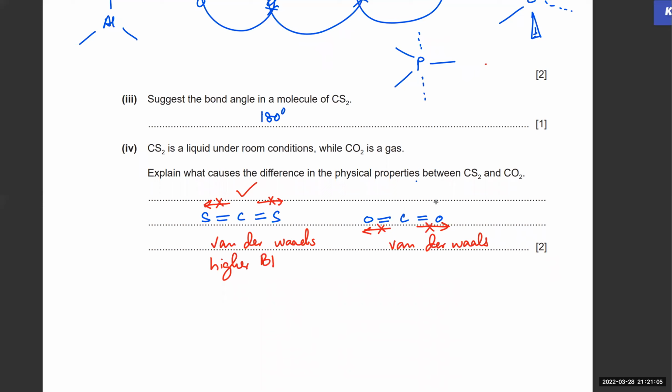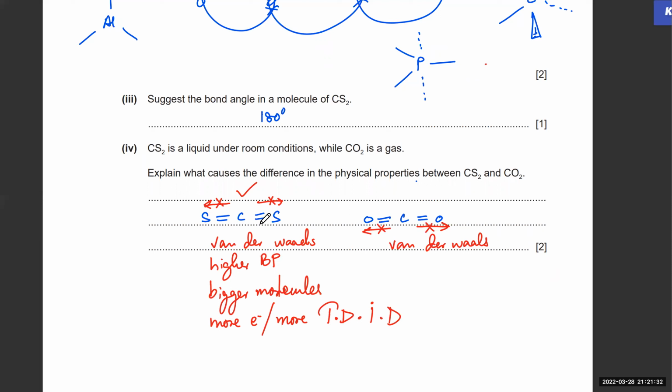Because it's got stronger van der Waals forces. Bigger molecules have more electrons, because of which they have more temporary dipole, instantaneous dipole, or induced dipoles.